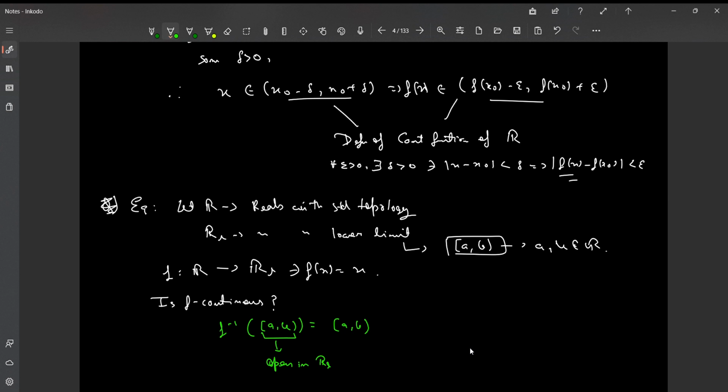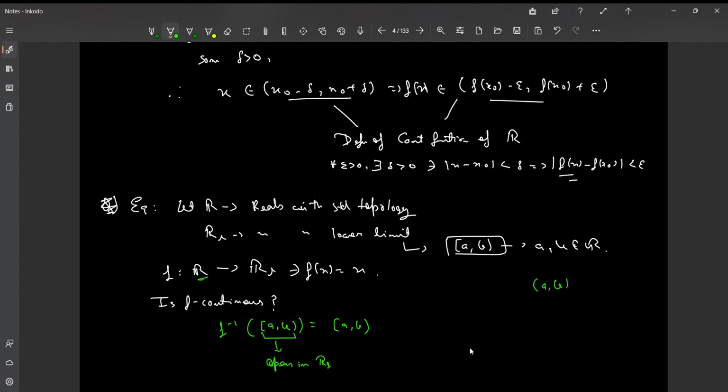By the way, the topology on R_L is constructed that way. But the inverse image of the closed A open B interval is an interval in R, and on R we have considered the standard topology. Is a half open half closed interval open in the standard topology? It's not, right?